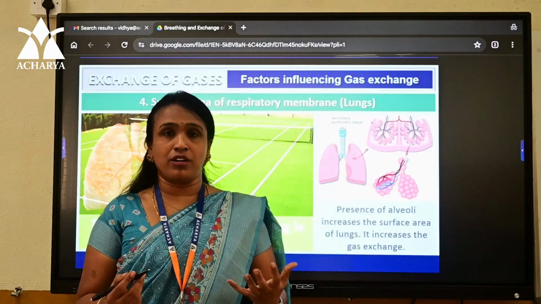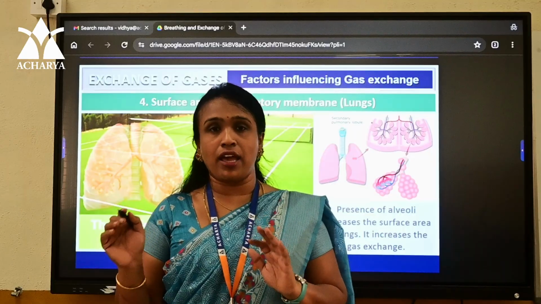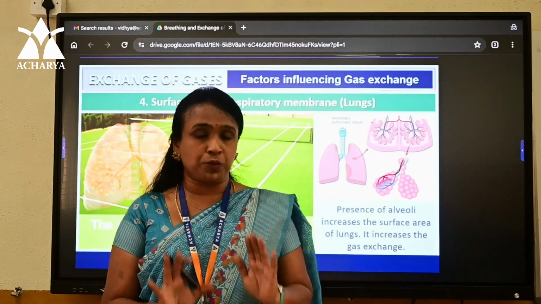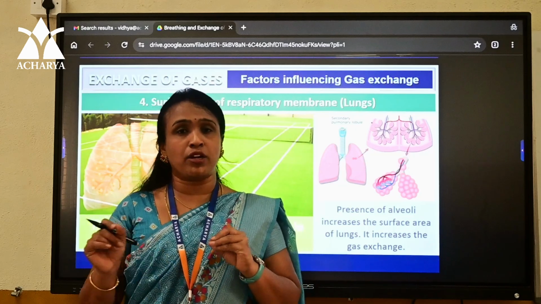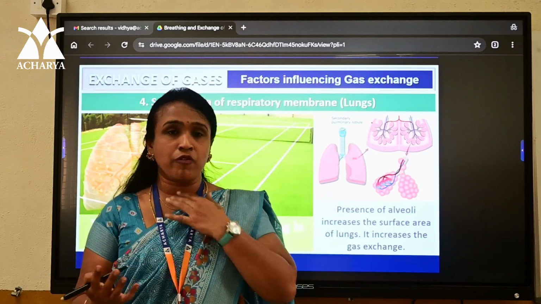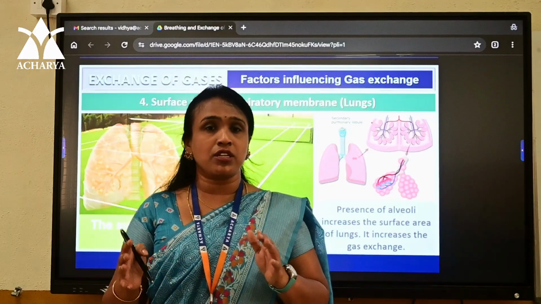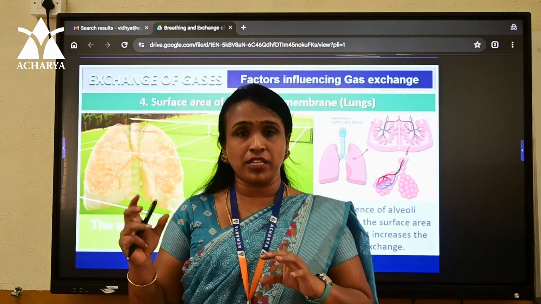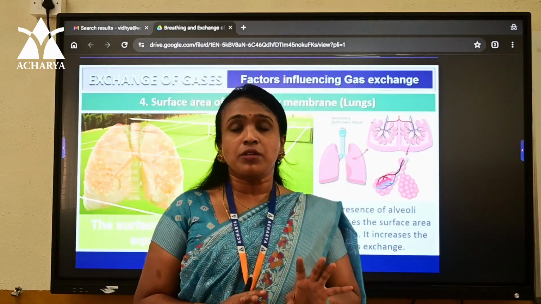To be more specific, all arteries usually carry oxygenated blood, the exception is the pulmonary artery, which carries deoxygenated blood to the alveoli. Similarly, veins always carry deoxygenated blood, the exception is the pulmonary vein, which carries oxygenated blood from the alveoli to the heart.